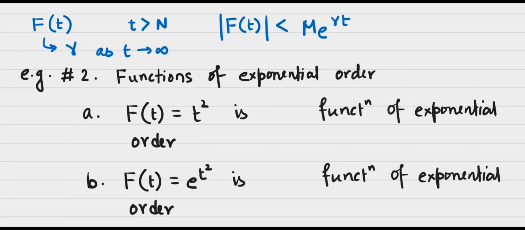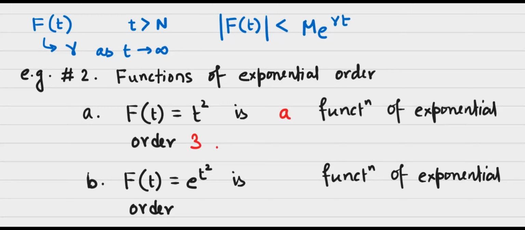And our job is to understand whether these functions are of exponential order, and if they are, then what is their exponential order. So the first one, f of t equal to t squared, is a function of exponential order, specifically order 3. Why?